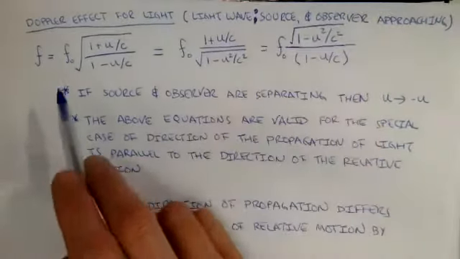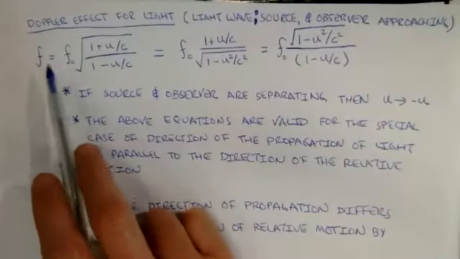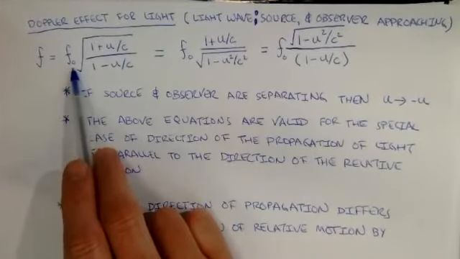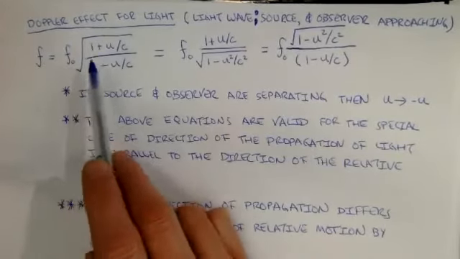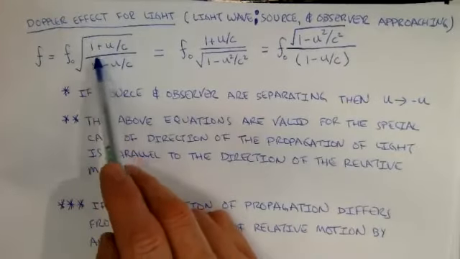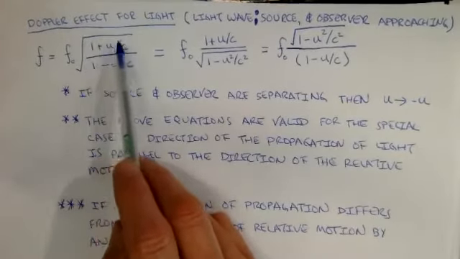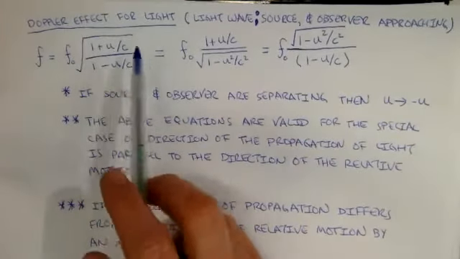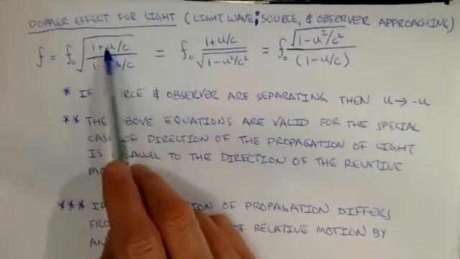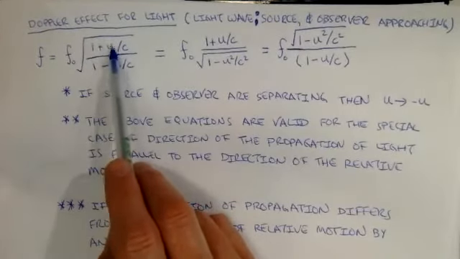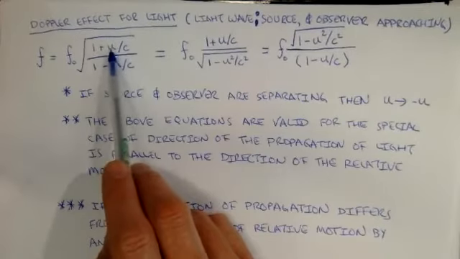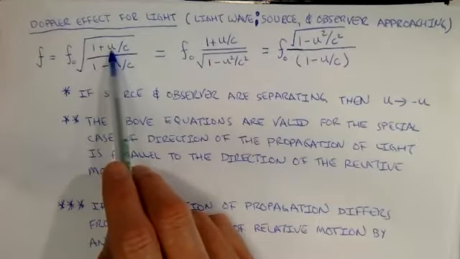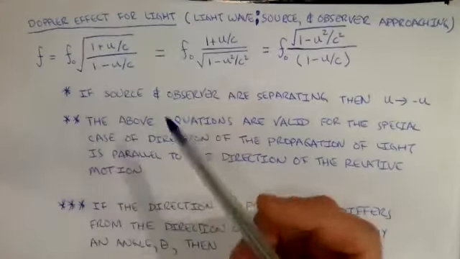one another. In this case, the observed frequency is the frequency measured by the emitter multiplied by the square root of the quantity 1 plus u over c divided by 1 minus u over c, where u is the relative velocity, or in this case the magnitude, the speed of the relative velocity between the source of the light wave and the observer of the light wave.